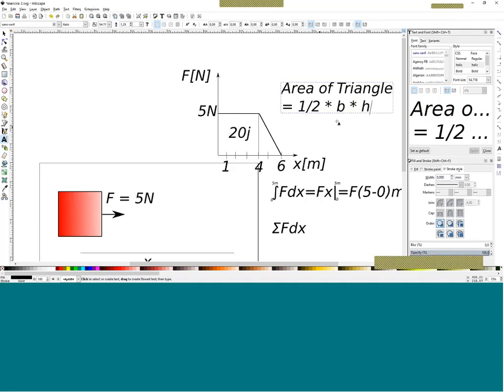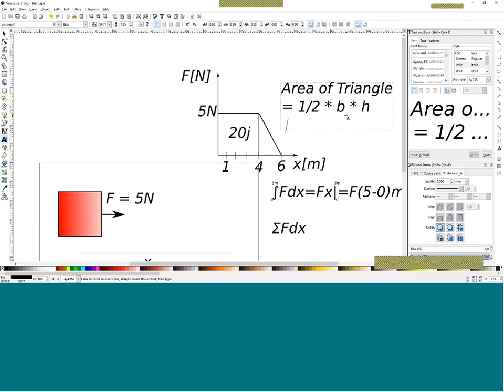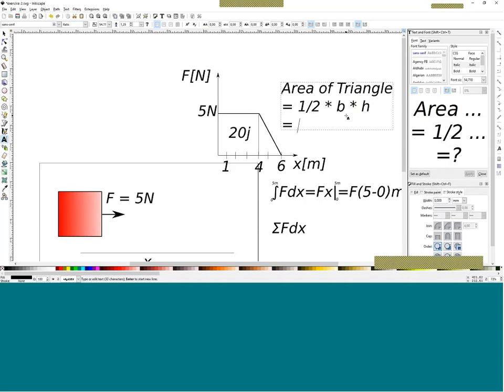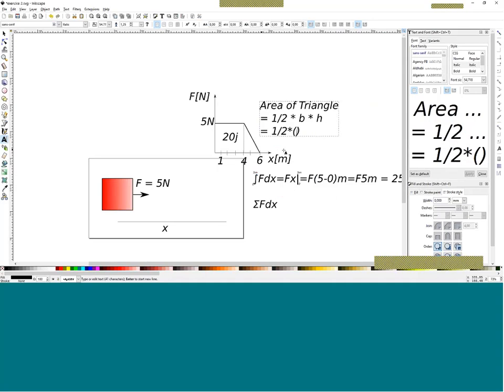So the half base times the height, so the half needs to remain. The base is, now if you put in 6, you're definitely wrong. Because we are only concerned with this part, which is from 4 to 6, which is 6 minus 4, which is 2 of that, and the height should be 5, and this is of course in newtons.